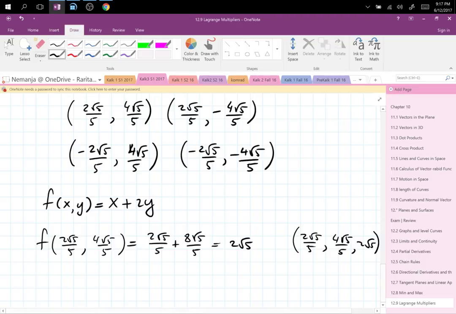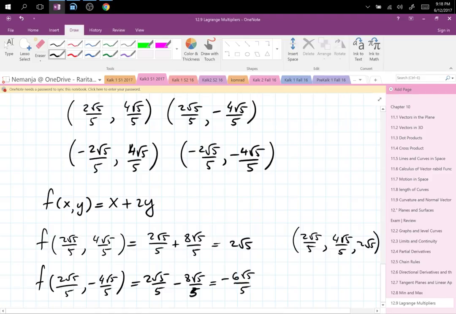That's my z value. And then repeat. Next point is 2 root 5 over 5 and then negative 4 root 5 over 5, which is 2 root 5 over 5 minus 8 root 5 over 5 equals that's a negative 6 root 5 over 5.